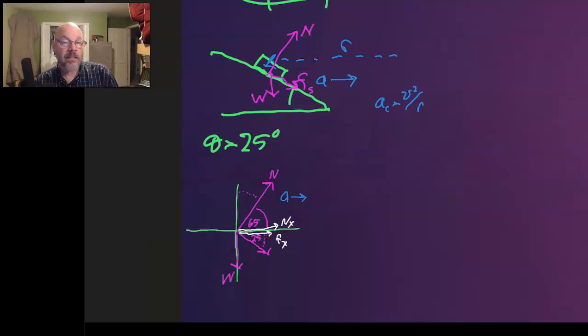Those are both contributing to the acceleration. Now, vertically, we're going to have an Ny here and we're going to have an Fy down here. So you can see vertically, Ny has to balance out the weight and the downward component of the friction.